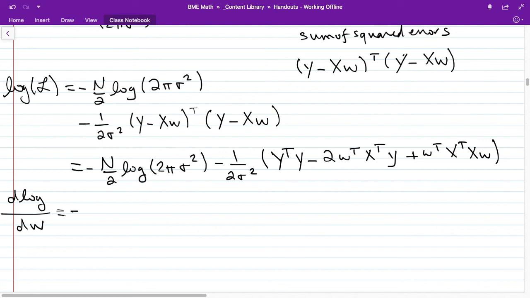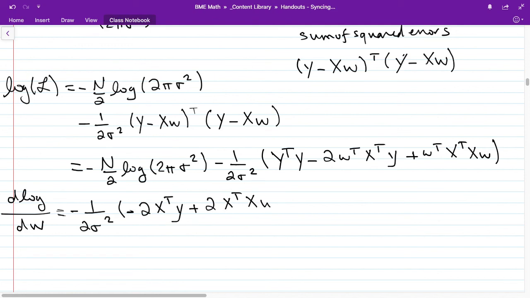And what am I going to get? A vector plus another vector. Set that equal to 0, and I get the maximum likelihood estimate to be our normal equation.